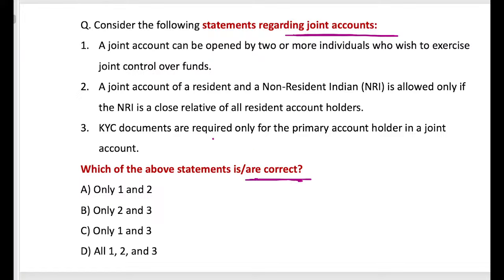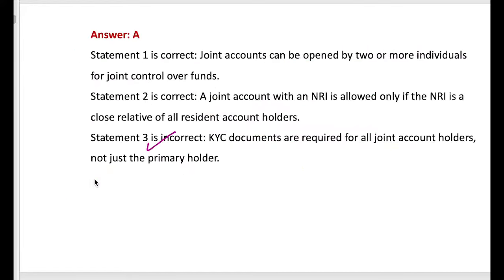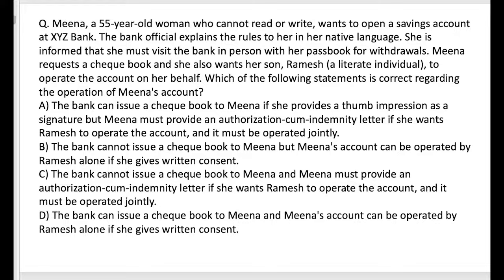You have to find out the correct statement related to joint accounts. So very simple one, okay? KYC is required for both, okay? Option A will be the right answer for this particular question. So KYC documentation will be required for both accounts.